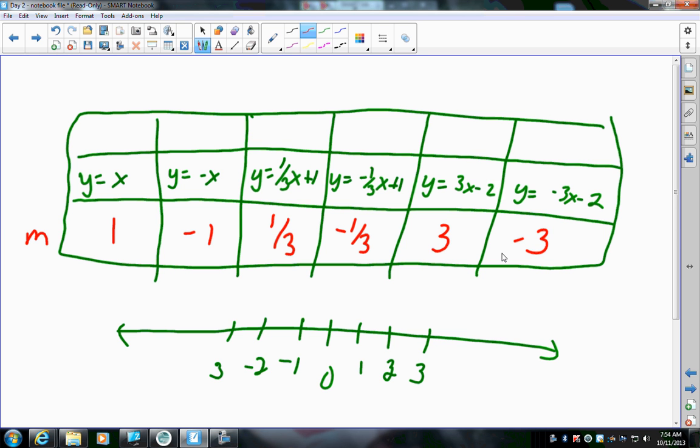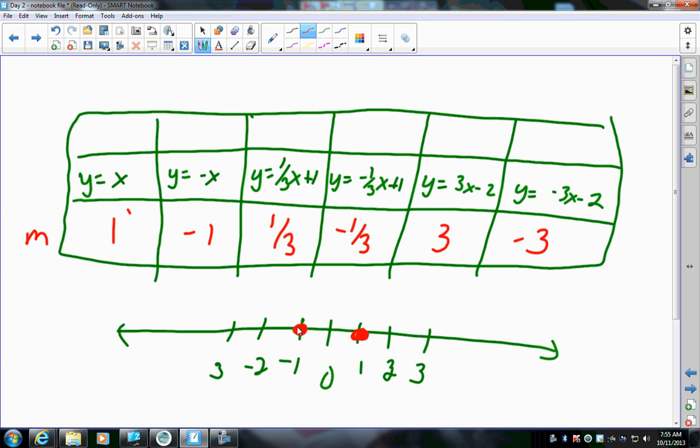If I went to graph those on a number line, this number would be 1 right here and -1. The point is to show you that -1 and 1 are the same distance away from 0, aren't they? They're the same difference away from 0, so that's why they're the same steepness.